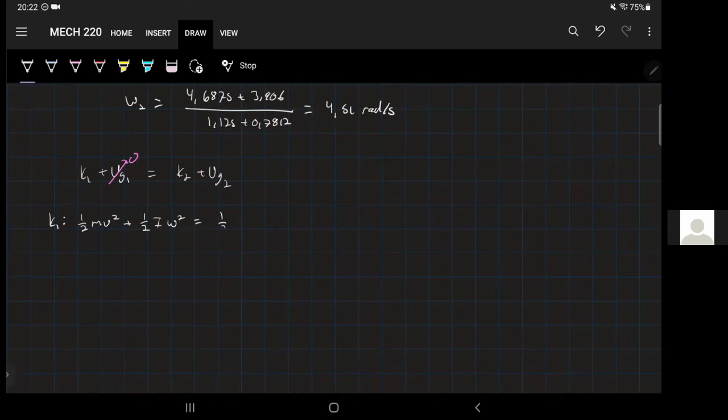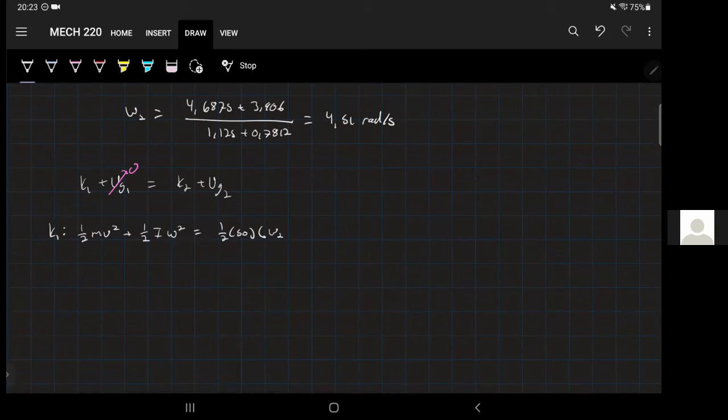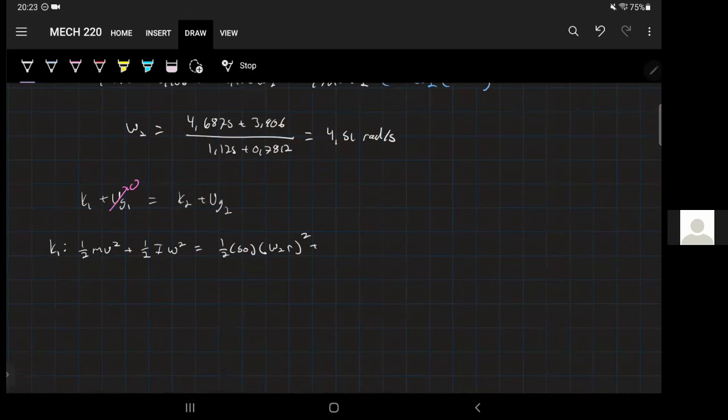So this becomes 1/2 times 50 times V squared. V is just omega 2 r, r being 0.15.